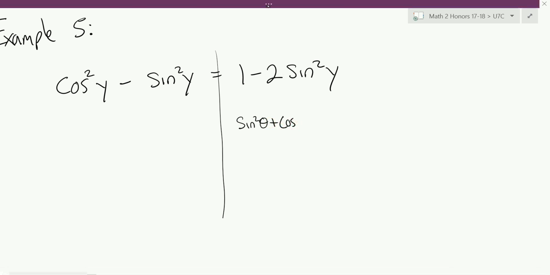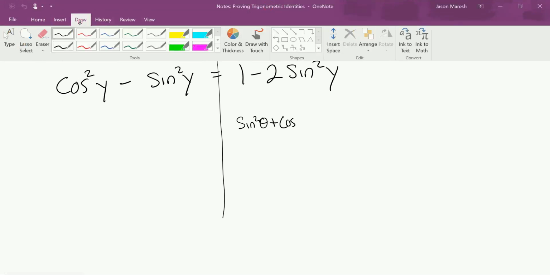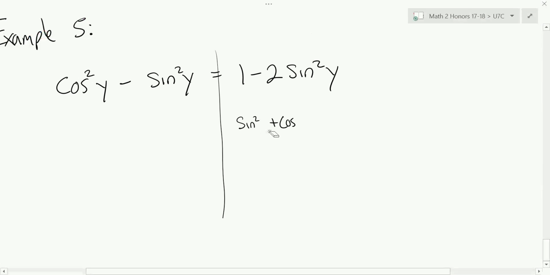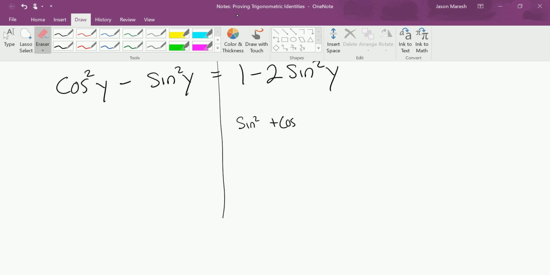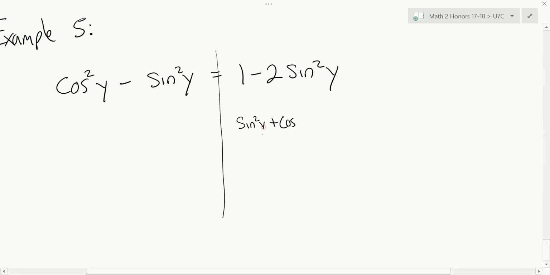I'm using theta, it should be y, huh? So I'm going to change that 1 into sine squared plus cosine squared. And I still got the minus 2 times sine squared y. Okay?